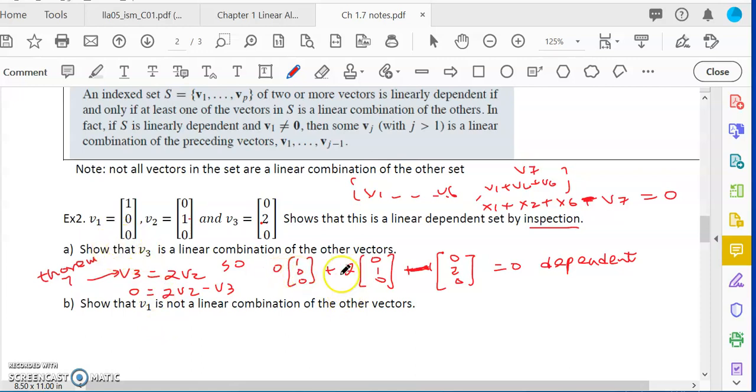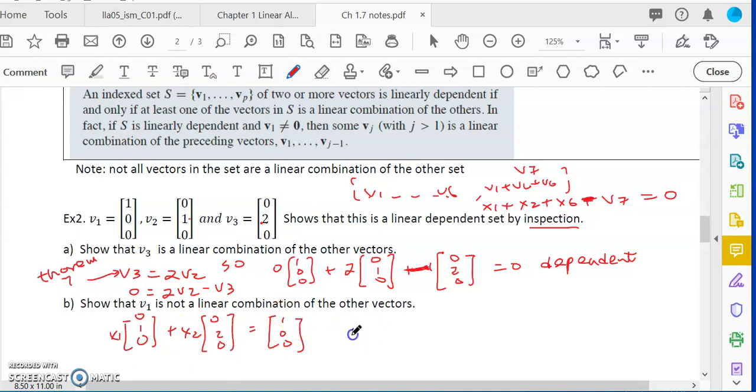Because so long as you have one solution that is non-zero, that would classify that set as dependent. For example, v1 is not a linear combination of the other vectors. Obviously, you cannot have x1 times 0 1 0 plus x2 times 0 2 0 equal to 1 0 0.